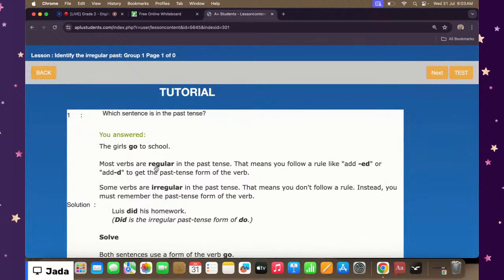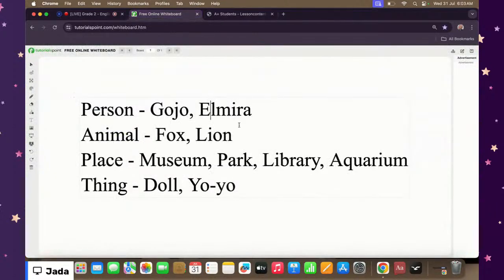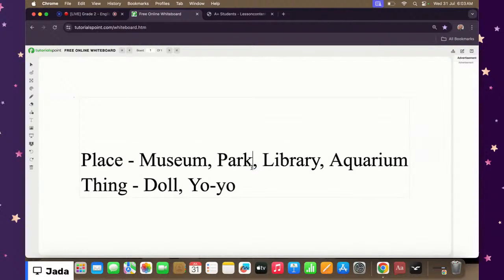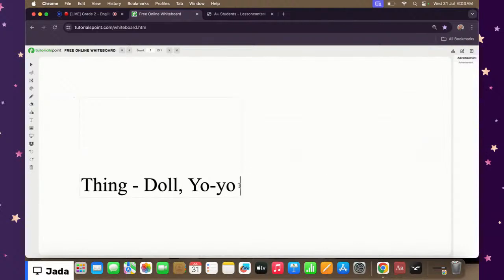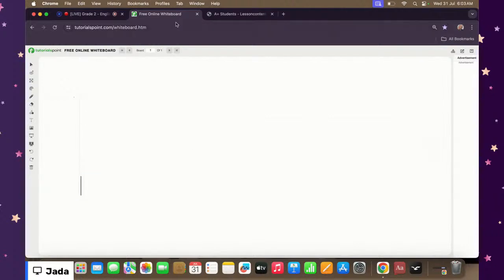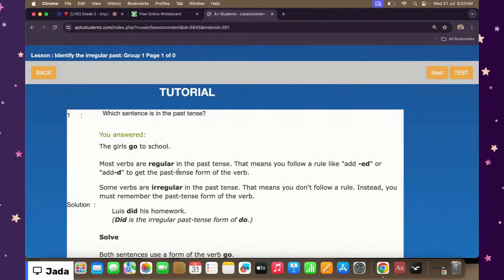Okay, so first of all, we need to know the irregular past tense. We also need to know the regular past as well. Okay, so we have the irregular, we have the regular. Now, the regular past tense, they follow a rule and you add ed to them. So that is it for the regular past.